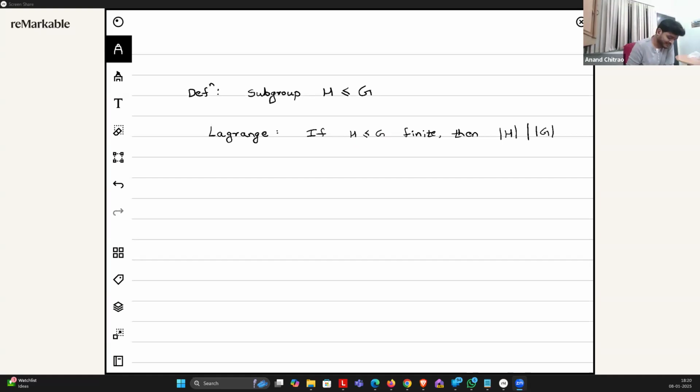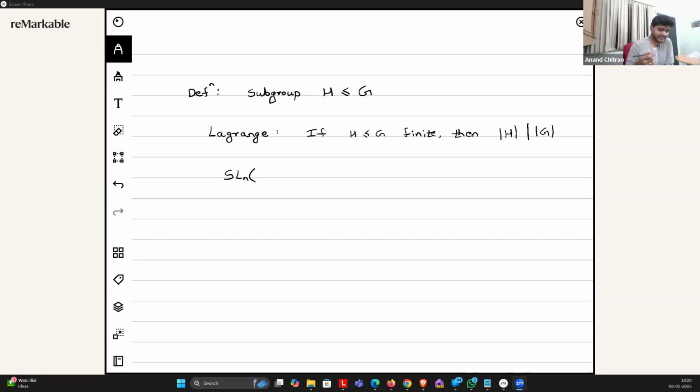Okay. So what are some examples of subgroups? A special linear group is a subgroup of general linear groups. Yeah, so SLn over.